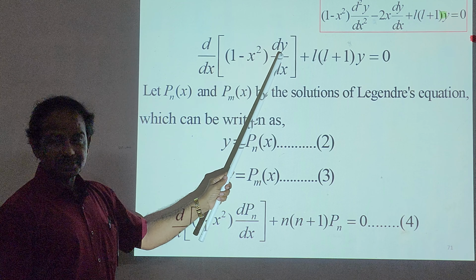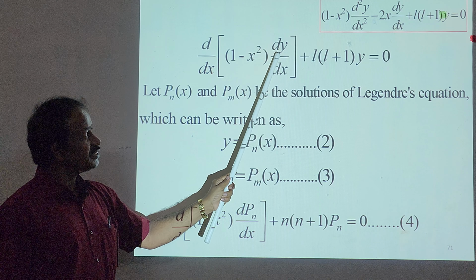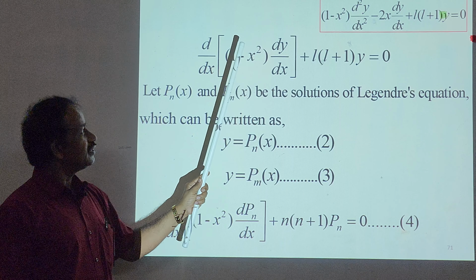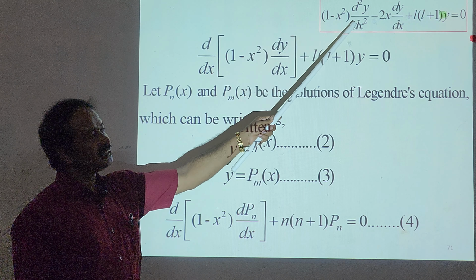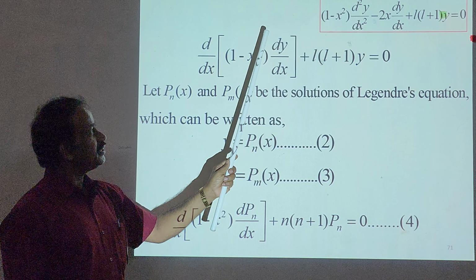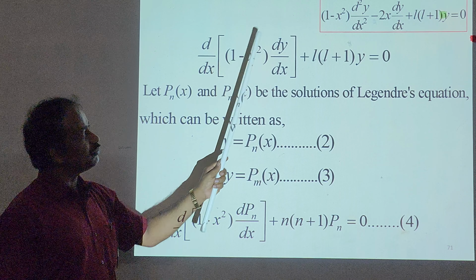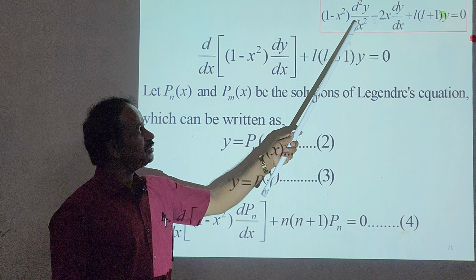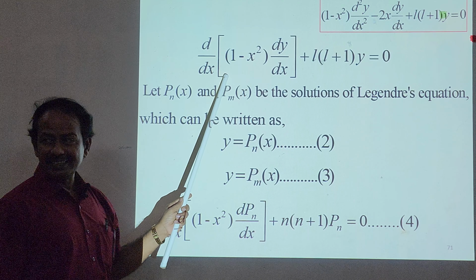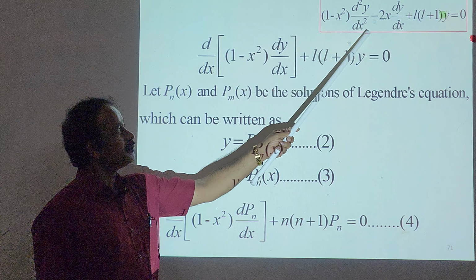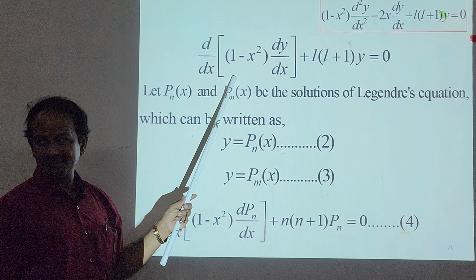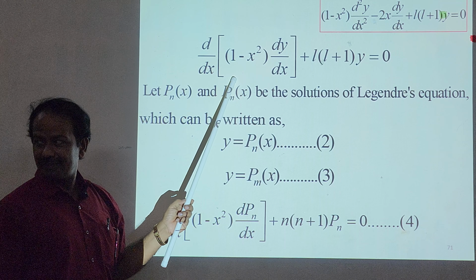Keeping this as constant when you differentiate, you get the first term, and keeping the other as constant, you get the second term. So the two terms can be replaced with a single term. Is it okay? Very simple one.